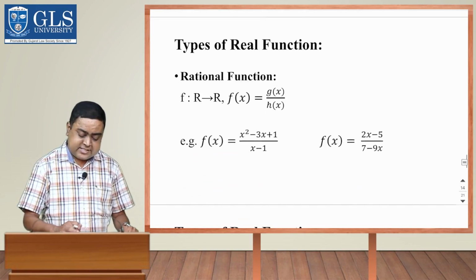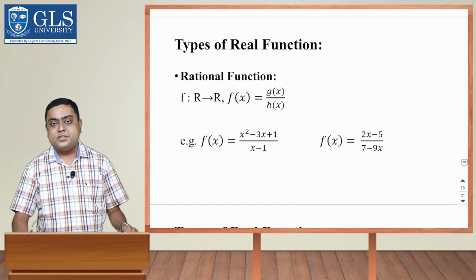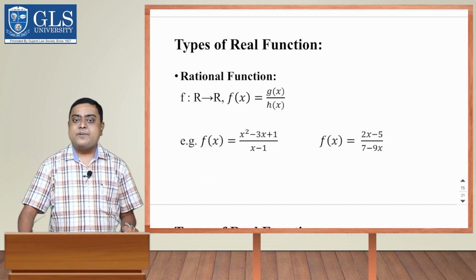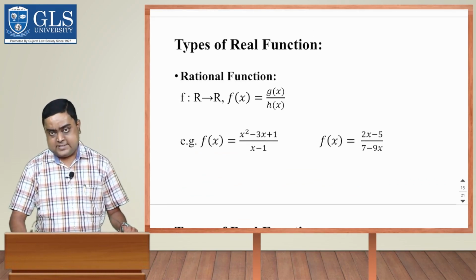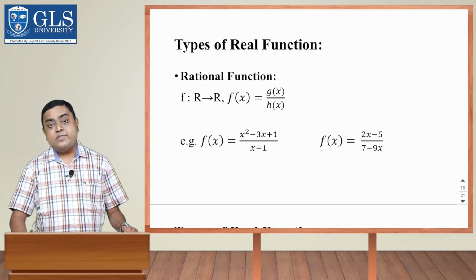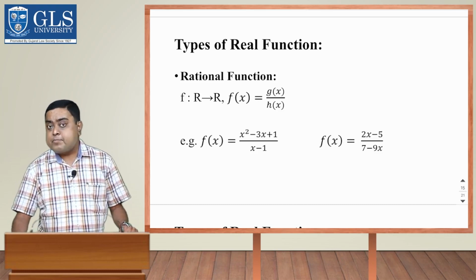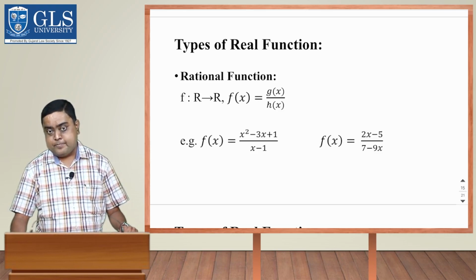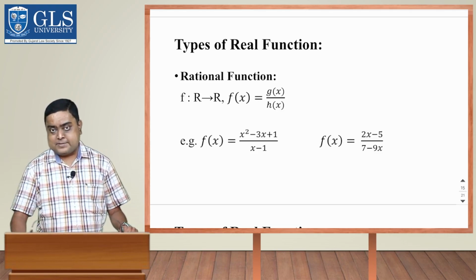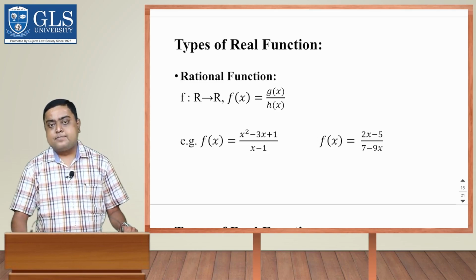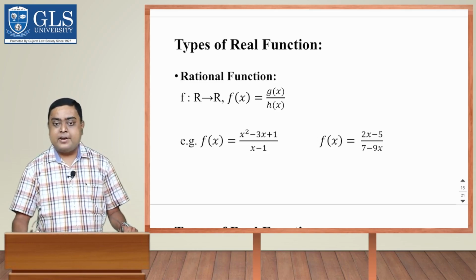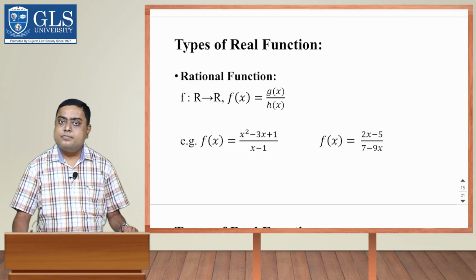Now friends, the next type of real function is the rational function. The standard form is f(x) = g(x)/h(x). So here we find different types of real functions in both the numerator and the denominator. Let's see some examples. f(x) = (x² − 3x + 1)/(x − 1).